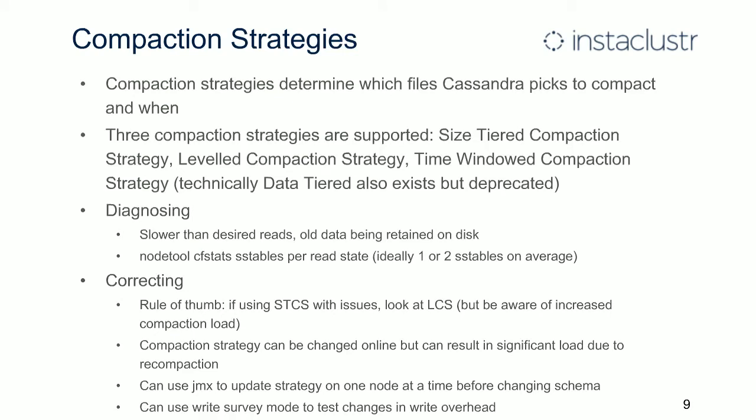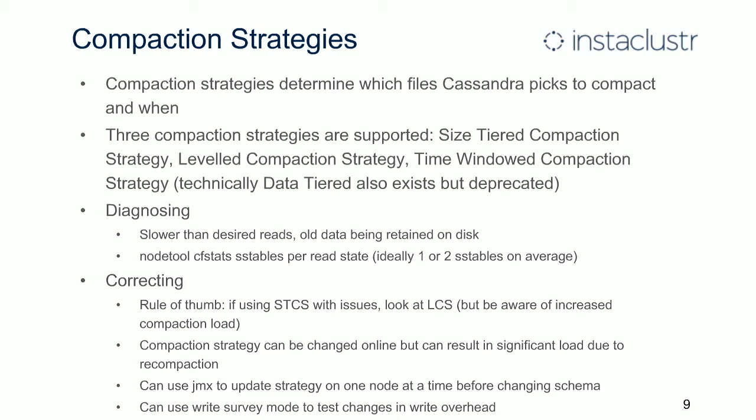So the compaction strategy, as I mentioned, determines which files Cassandra picks up to compact and when those compactions occur. Choosing the right compaction strategy, and to a degree tuning the configuration of those strategies, can make quite a difference to the performance of your Cassandra cluster, and particularly the read performance.